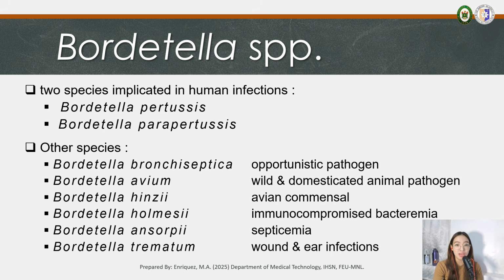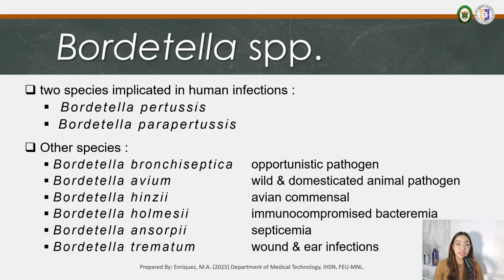Bordetella avium is observed among domestic animals. So this is a domesticated animal pathogen. Bordetella hinsii is an avian commensal. Bordetella harmsii is observed among immunocompromised patients with bacteremia. Bordetella ansorpii could be isolated in cases of septicemia, and Bordetella trematum could be isolated from wound and ear infections.